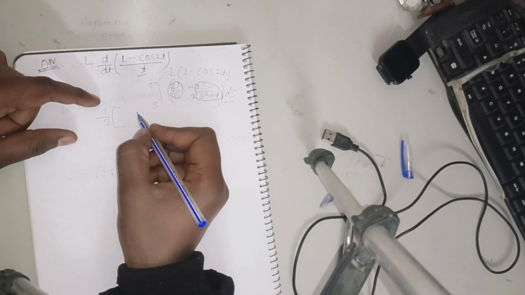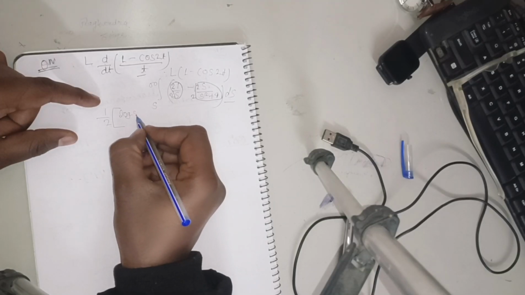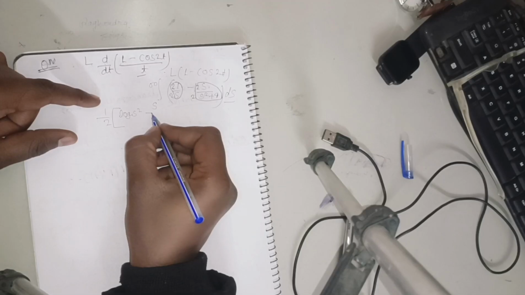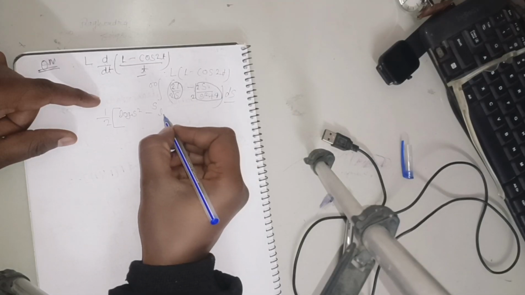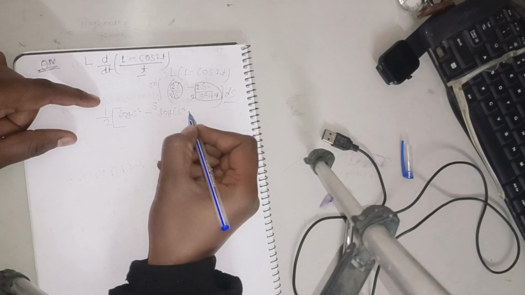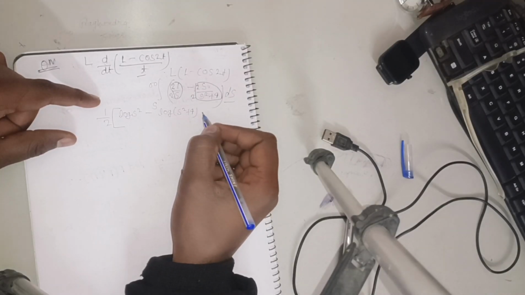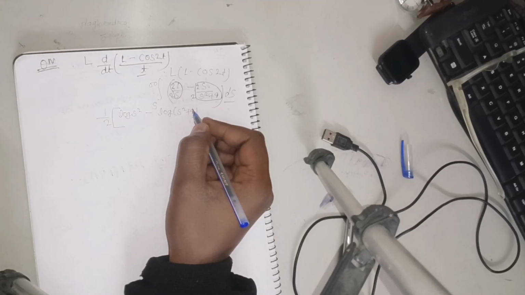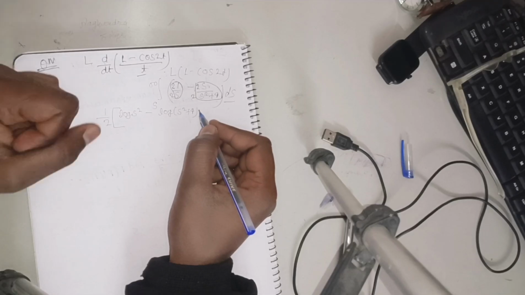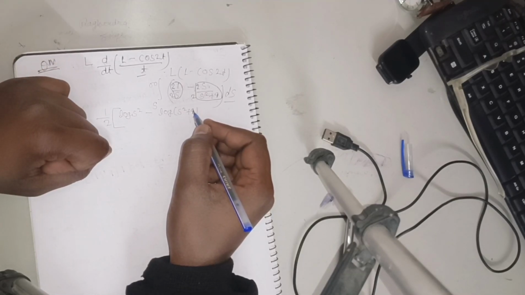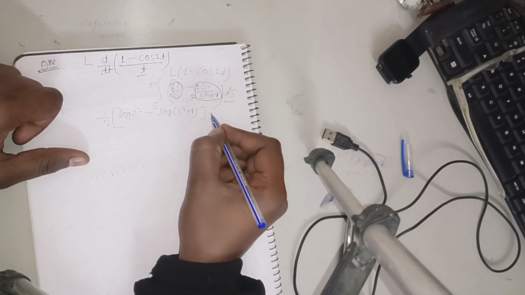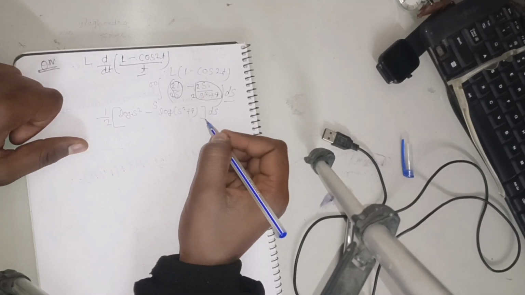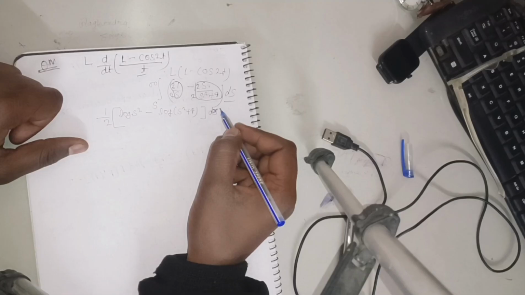So integral of 1 upon s is log s square, minus log of s square plus 4, right? We have integrated it already.